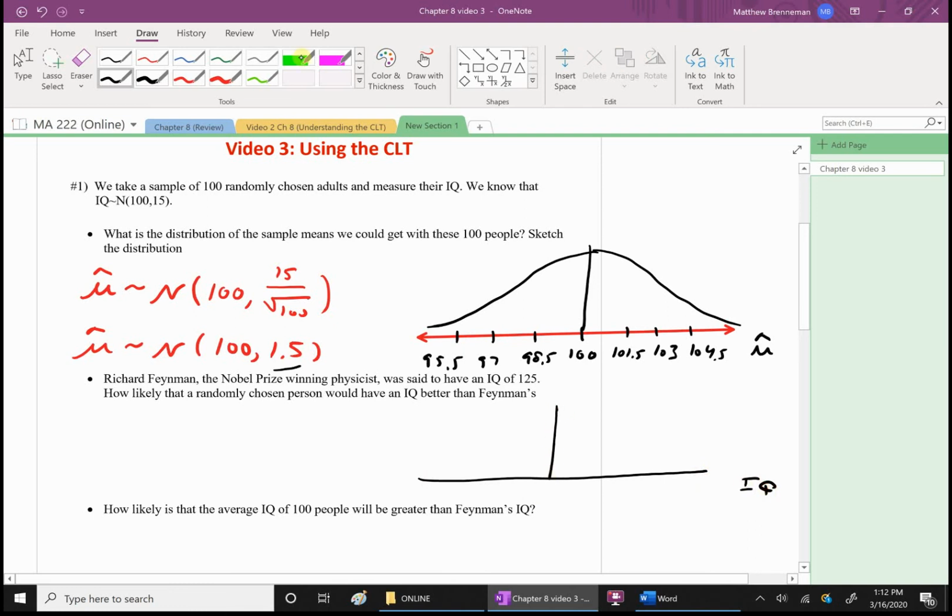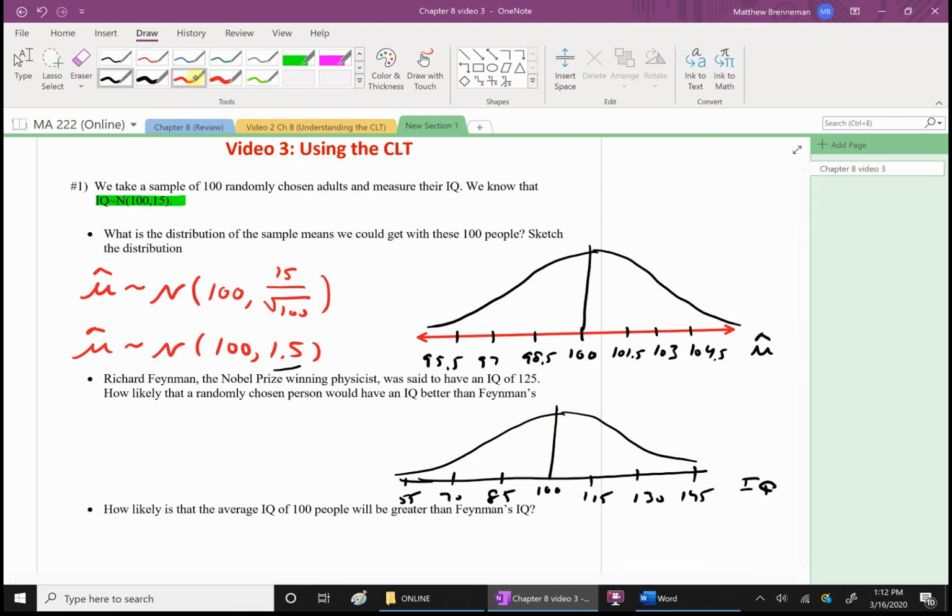So we're using this distribution because we're only looking at a single person, right? So this is 100, and this is 115, 130, 145, 85, 70, and 55. And Feynman's IQ was 125, so he's about here.